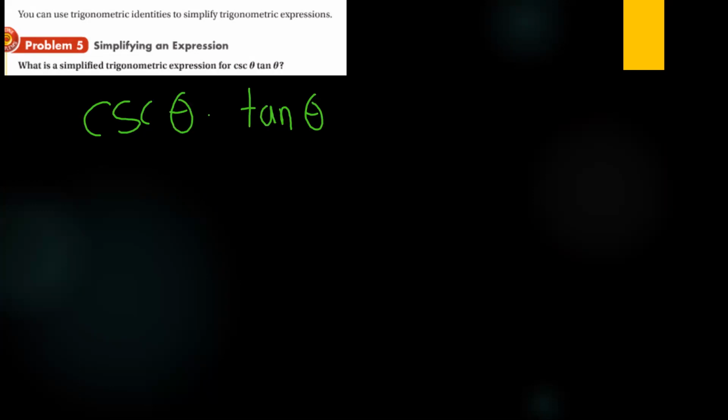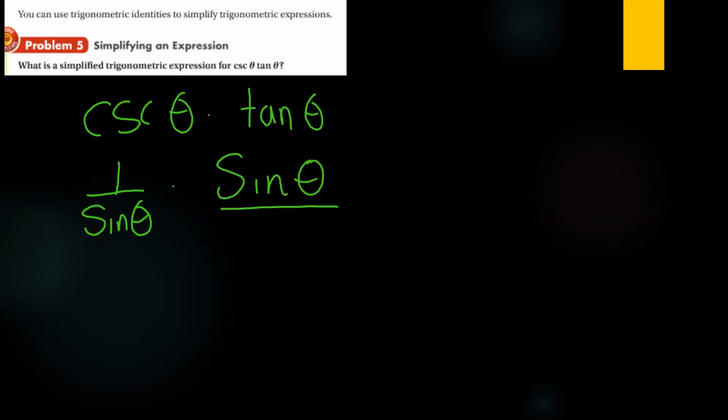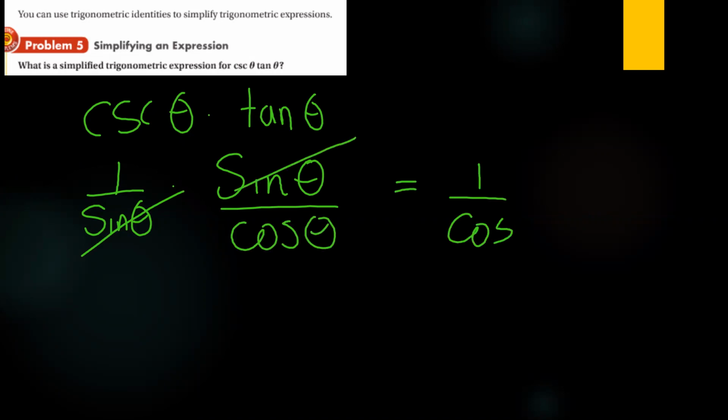As 1 over sine. And tan, we know it is sine over cosine. So sine cancels sine, and I have it now as 1 over cosine, which is secant of theta.